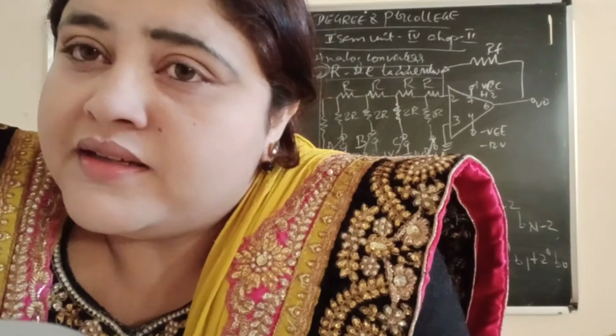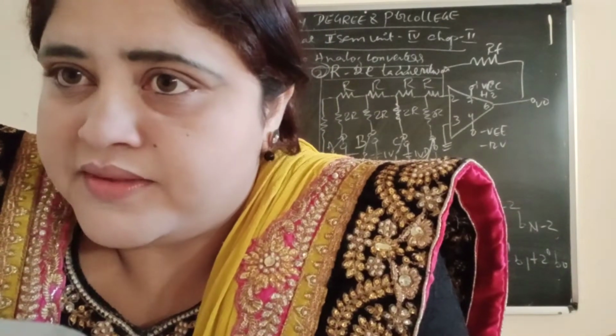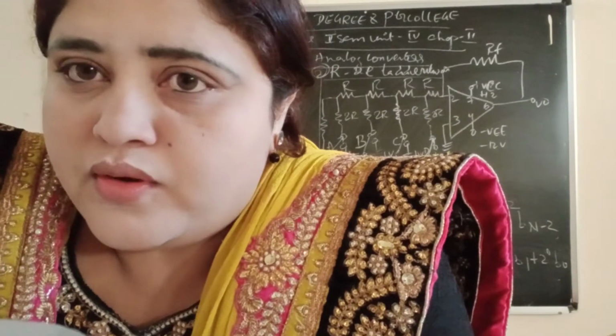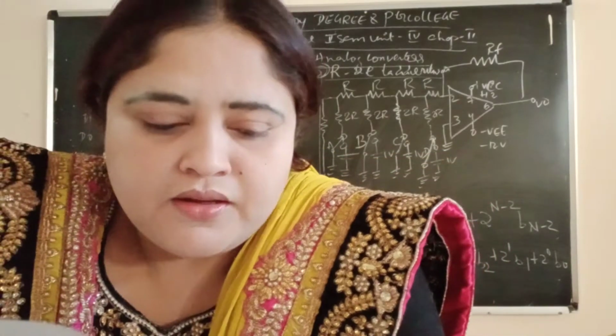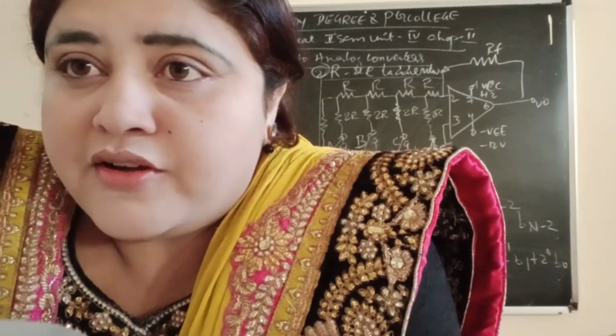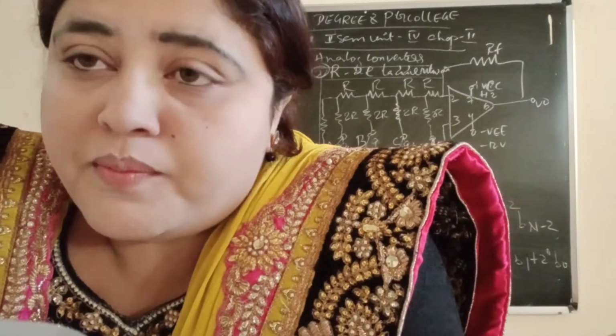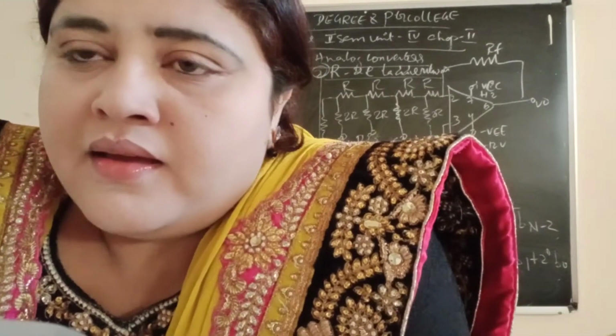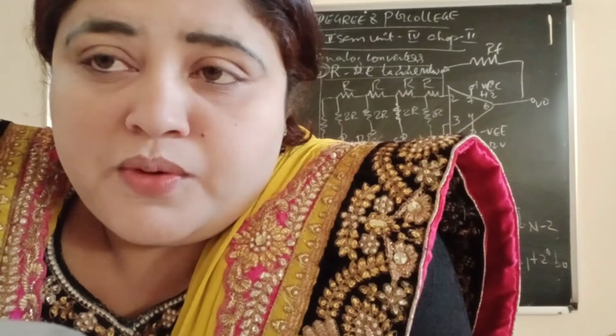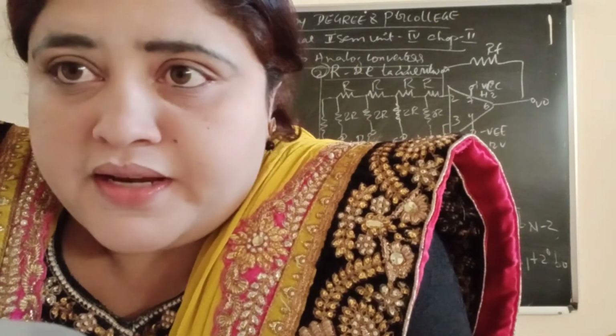Op-amp. We have studied op-amp in our second year, in 4th sem. You have studied op-amp in detail. Since accuracy will be less in the voltage converter, we will use op-amp, operational amplifier. Op-amp has an inverting input and a non-inverting input, minus and plus.